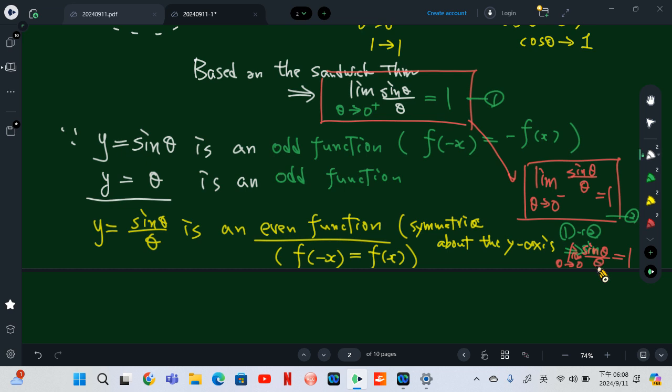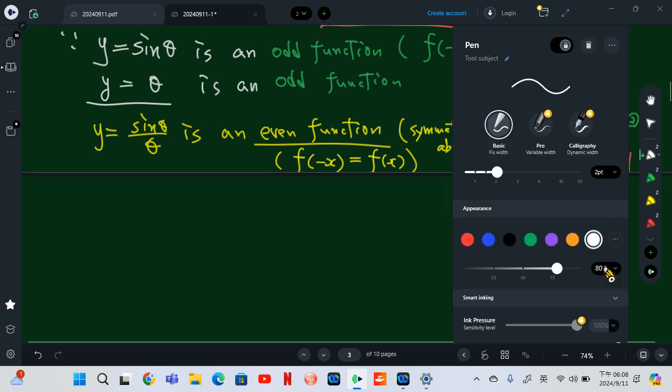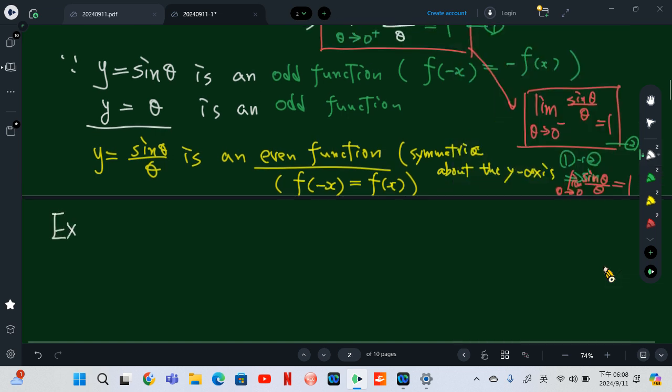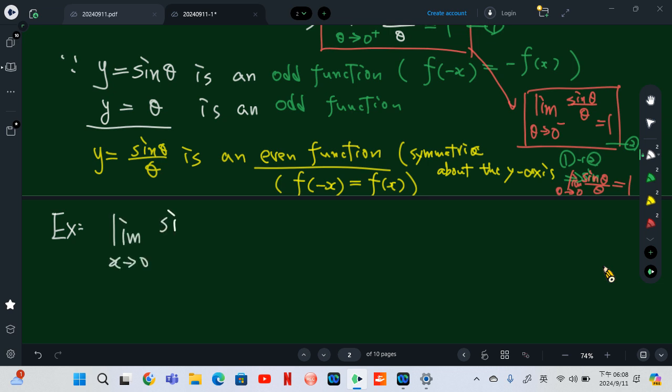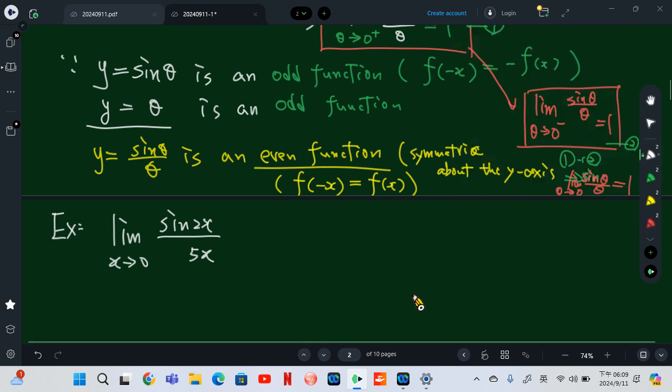Okay, so let me give you an example of how to use this fact. If we want to calculate this, what is the result? Okay, I'll just demonstrate a wrong process first.